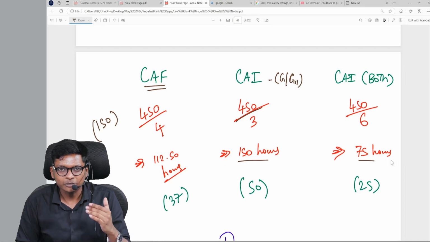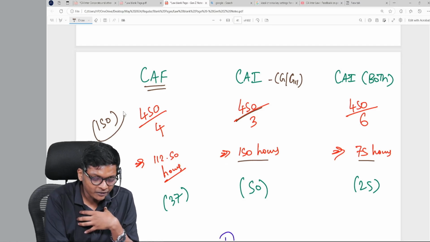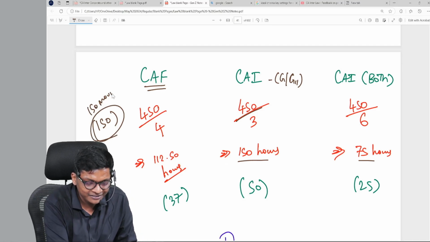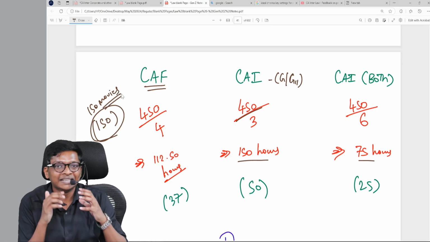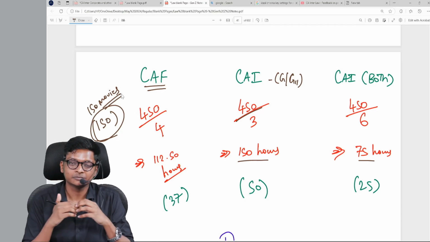To give you a better context, 450 hours is equal to 150 movies. The time that you have is massive, guys. In these 2 months, if you actually spend time, you can watch 150 movies.